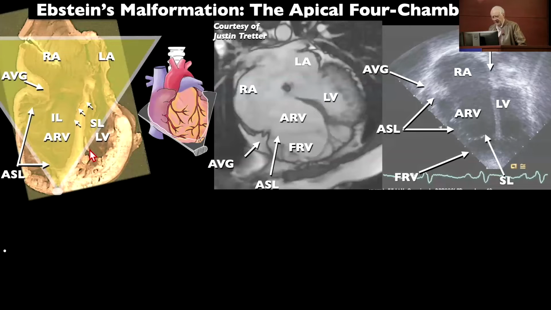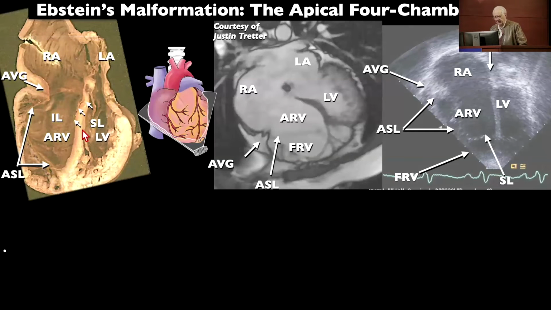Now here are three comparisons between a specimen which shows the septal leaflet and the anterior superior leaflet. And note particularly these attachments of the abnormal anterior superior leaflet to the underlying ventricular myocardium.